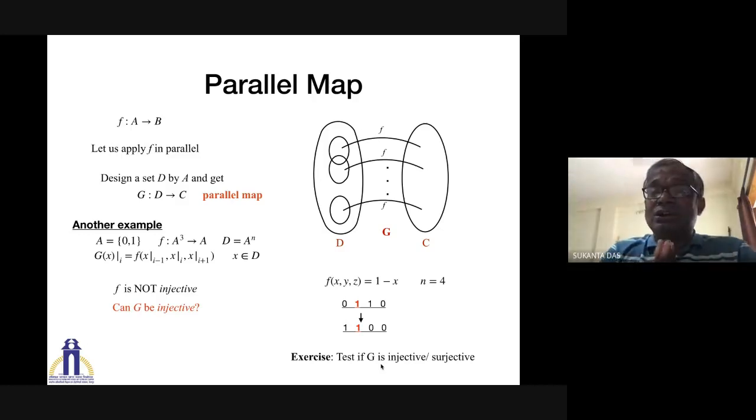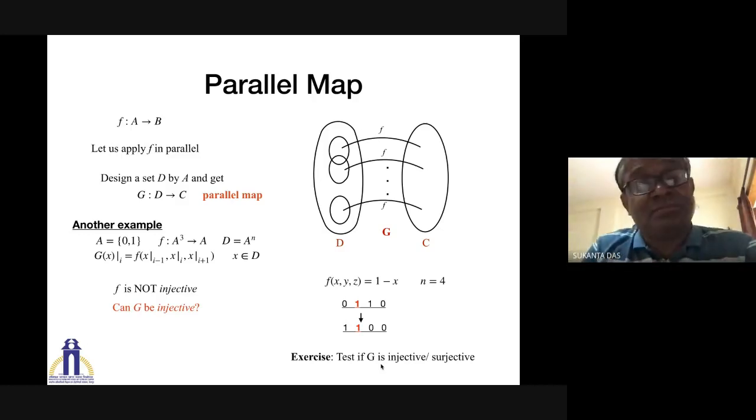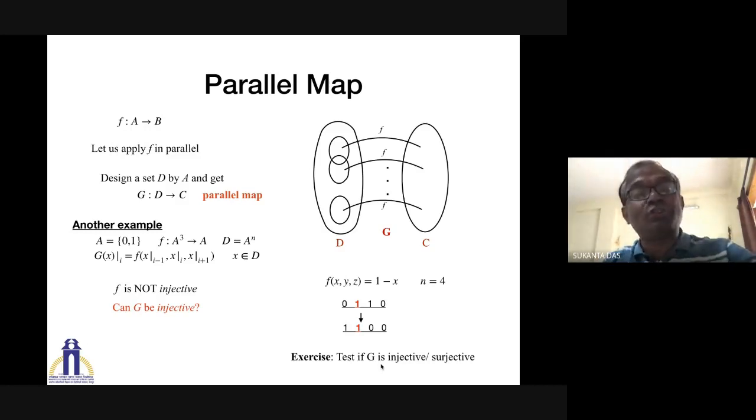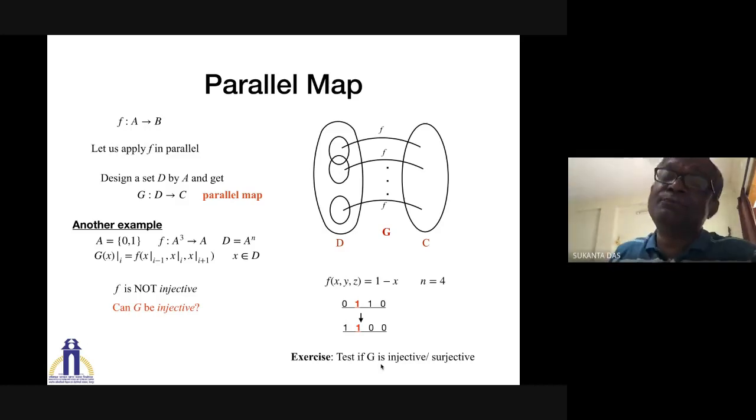So here, when defining the parallel map, I have given 2 examples. In one example, this parallel map, which is sometimes named the global map, G, has just used f one by one, and f takes an element from its own domain and finds f(x).